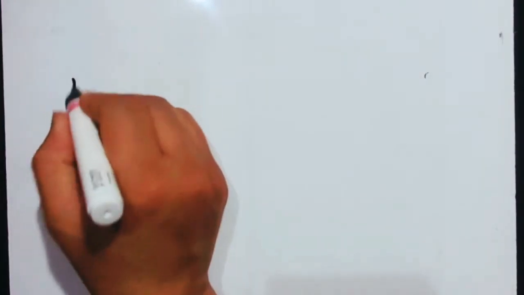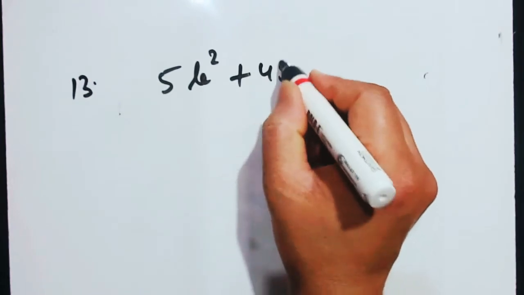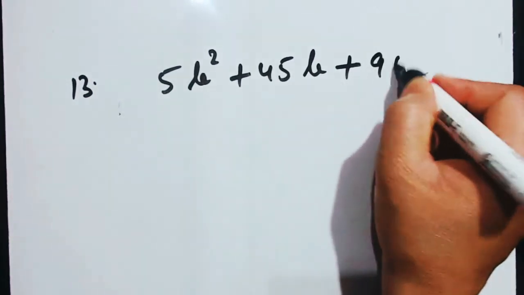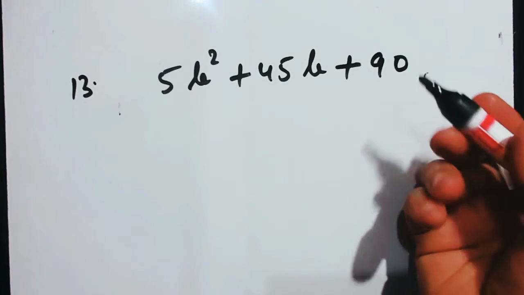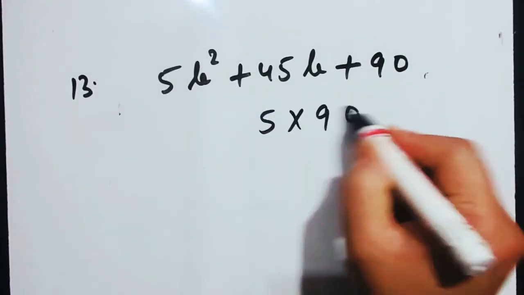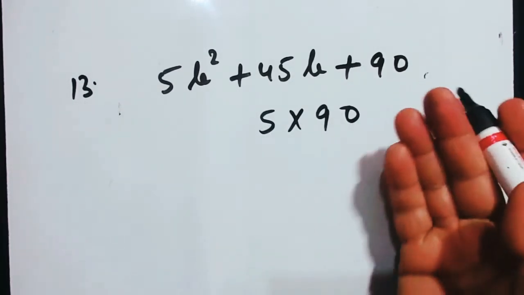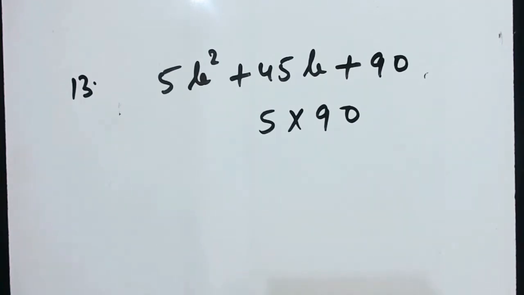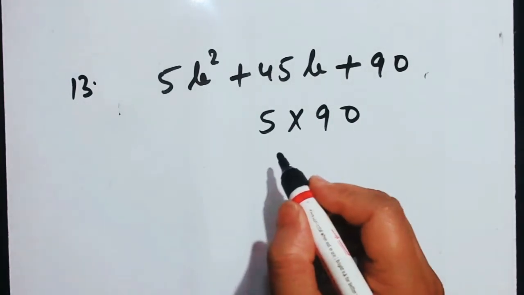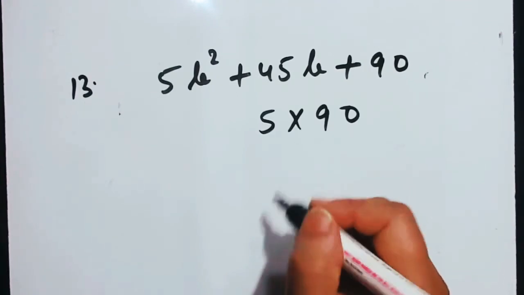Though there are some bigger numbers, like when you talk about this 5b square, number 13 talks about 5b square plus 45b plus 90. Okay, so in this we find that 5 and 90 should be multiplied. It should be broken also and adjusted such that you get 45 over here.